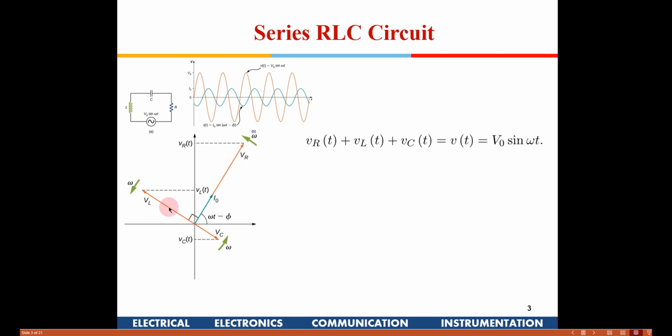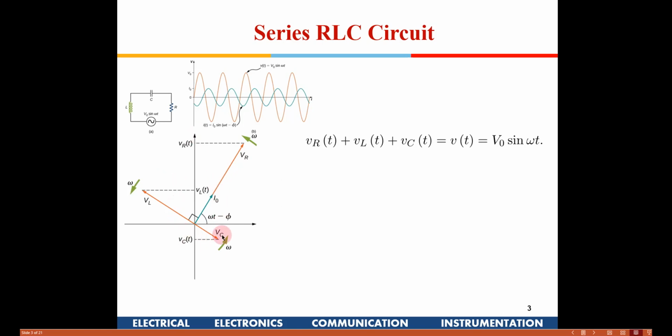So the net direction of the voltage will be towards northwest, towards VL. They get subtracted, and then when you take a vector addition of that difference signal with VR, you will get a signal which is in the top direction, which is our applied signal V sin omega t.